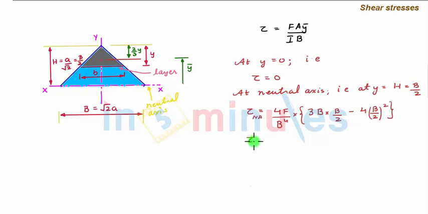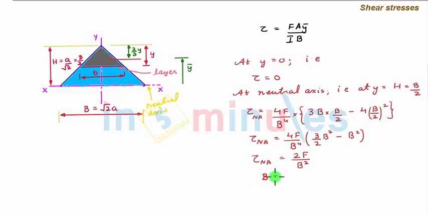On simplifying, the shear stress at the neutral axis is equal to 4f upon b to the power 4 into 3 by 2 of b square minus b square, since the 4 and 4 get cancelled. So 3 by 2 of b square minus b square will be equal to 1 by 2 of b square, and the 2 will get cancelled with this 4, and we have the shear stress at the neutral axis equal to 2f upon b square.